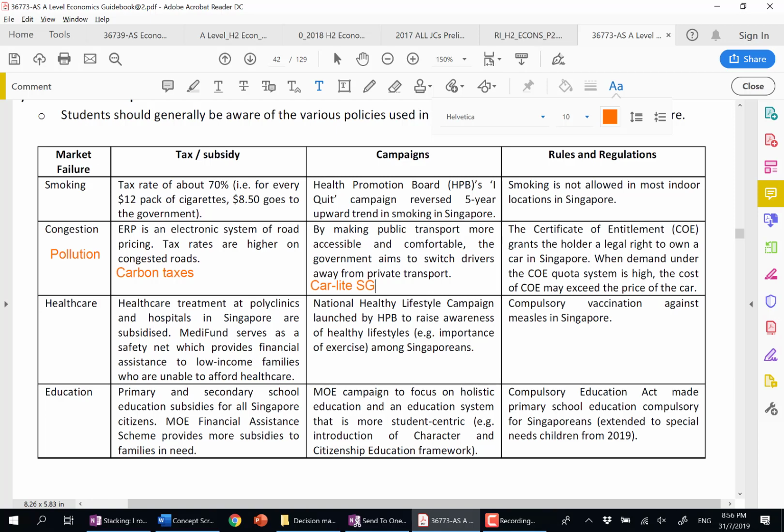Any rules and regulations? Yes. If you fail the inspection, especially older cars, you cannot drive it. You have to pass the regular inspections. Page 39, okay?